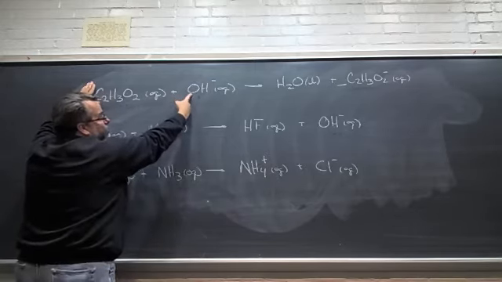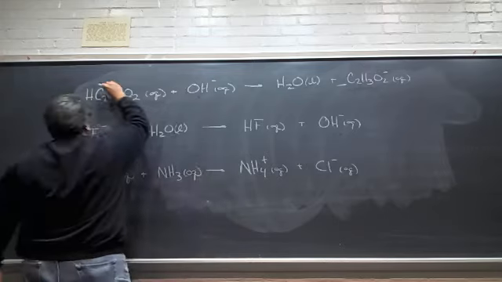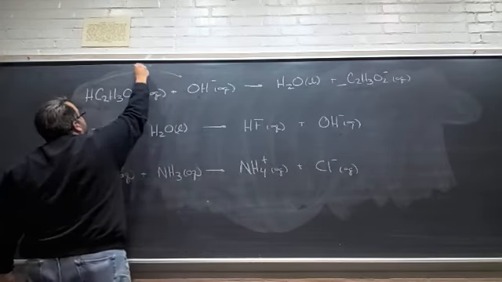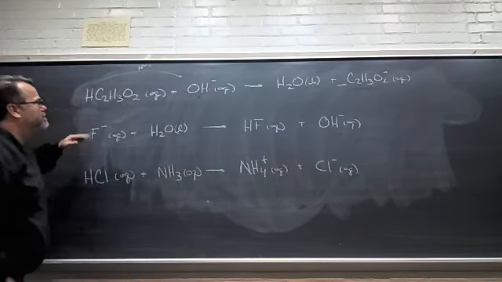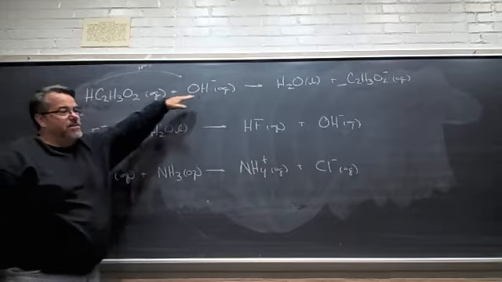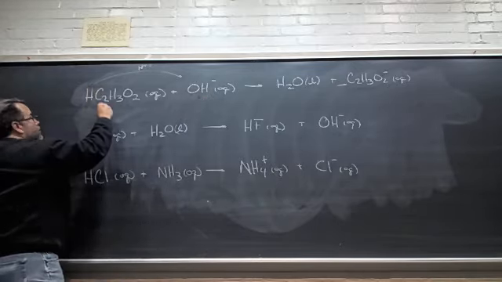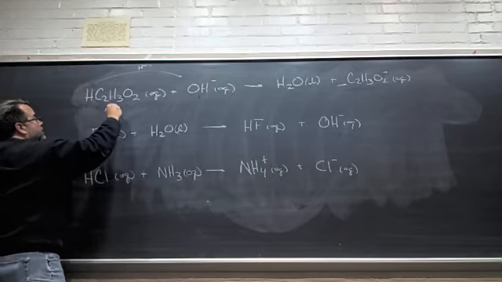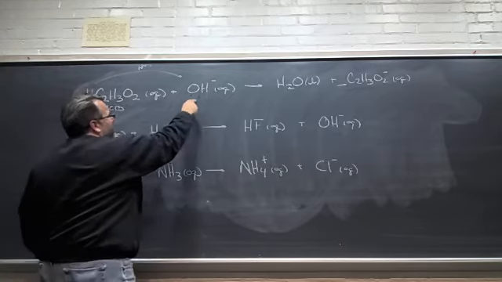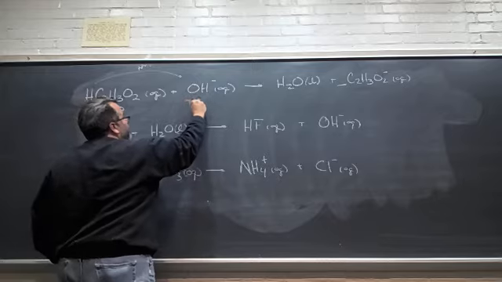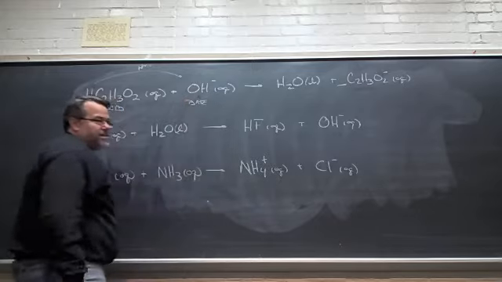It goes over here to the hydroxide in order to make water. So an H plus is being transferred from acetic acid to the hydroxide. That means this is the proton donor, which makes it the acid. This is the proton acceptor, which makes it the base.